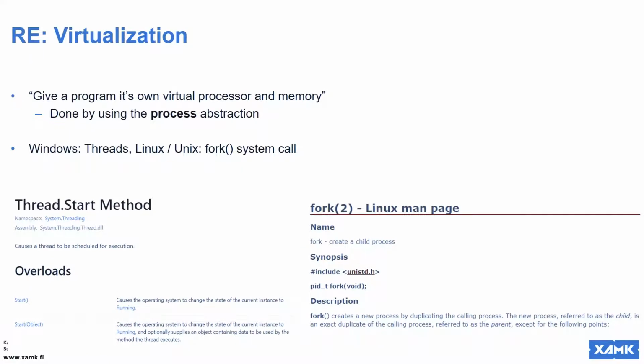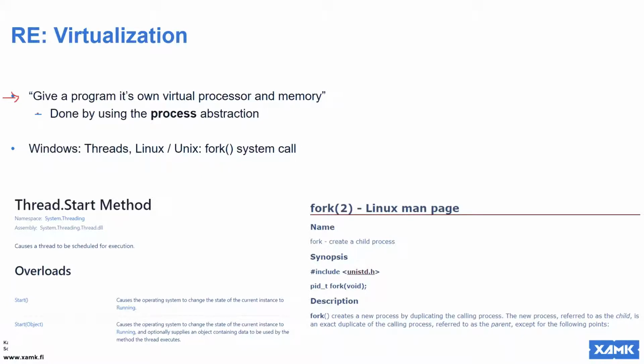One of the ways that a server can do all of that, well, it can use the operating system provided virtualization tools. So if you remember, the objective of the virtualization abstraction is to give some program its own virtual processor and memory. And it does this using the process abstraction.